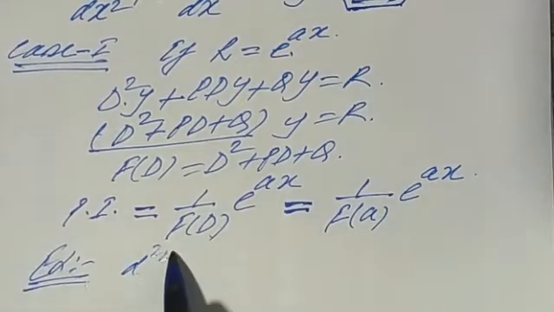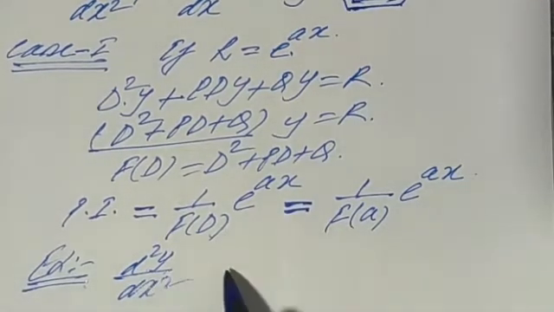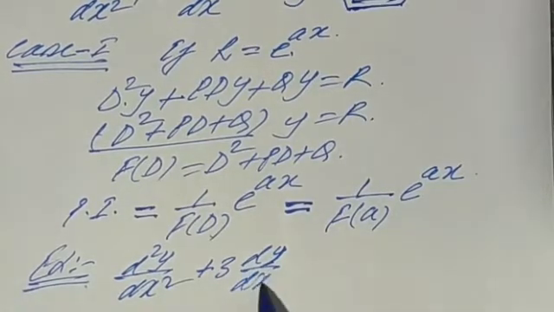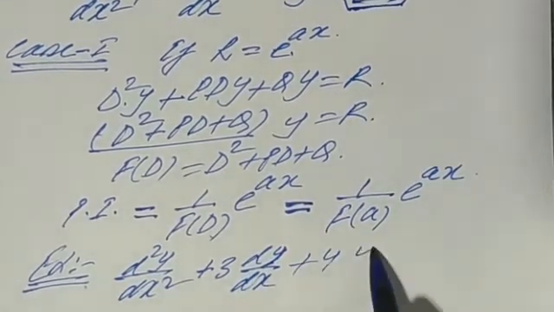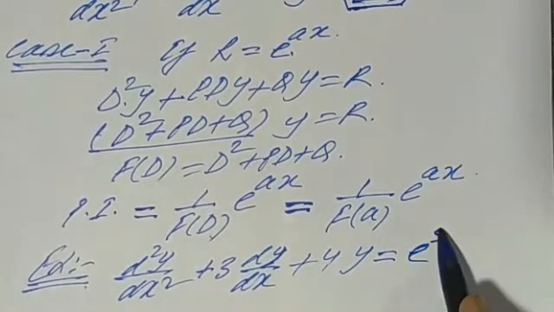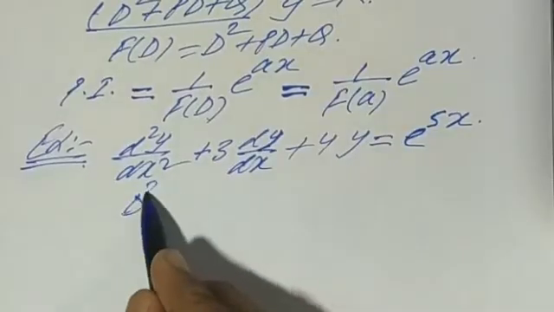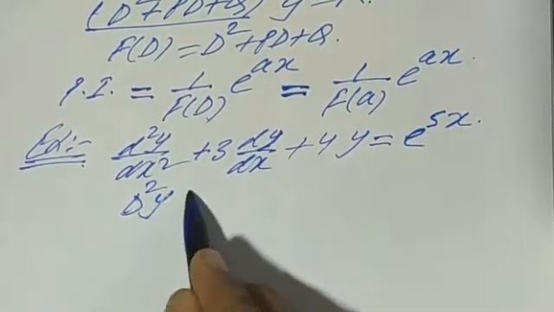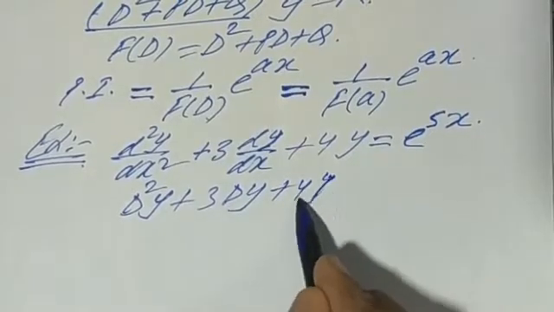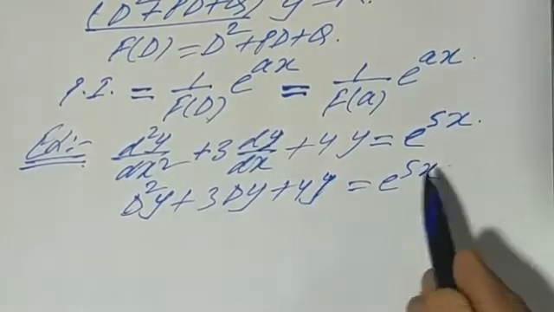Suppose the equation is d2y upon dx square plus 3 dy upon dx plus 4y is equal to e raised to the power 5x. We write it as capital D square y plus 3 capital Dy plus 4y is equal to e raised to the power 5x.